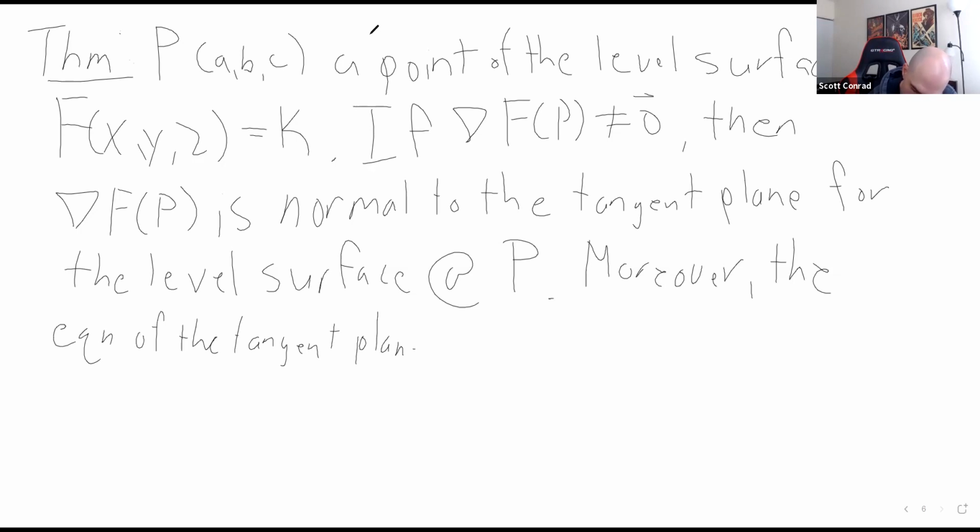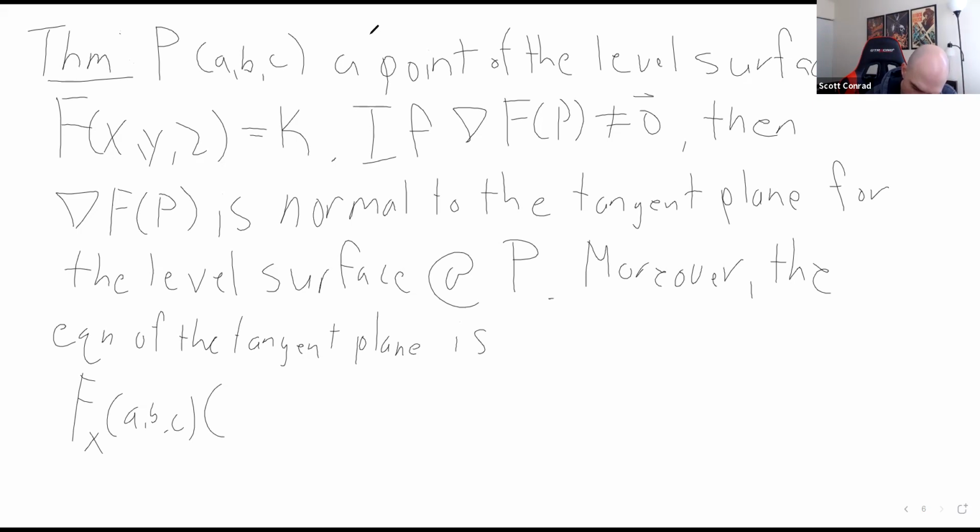So the equation of the tangent plane in question is: we know that the normal is the gradient, which is the partial of f with respect to x, partial of f with respect to y, partial of f with respect to z. So that's our normal vector. Those are going to be the coefficients here.